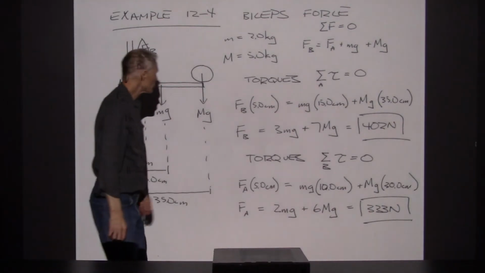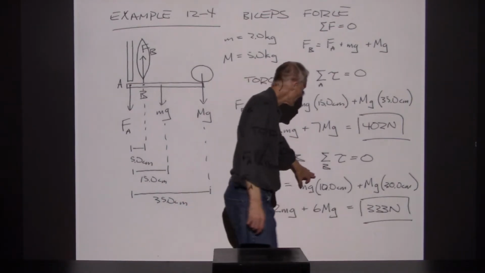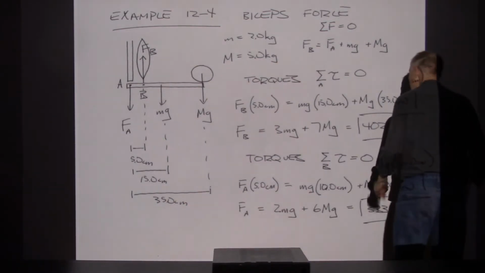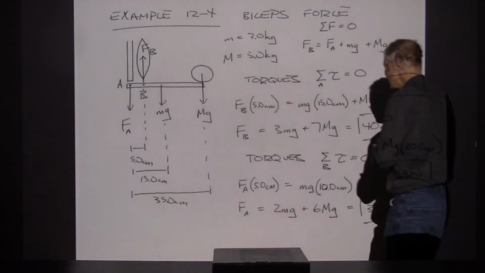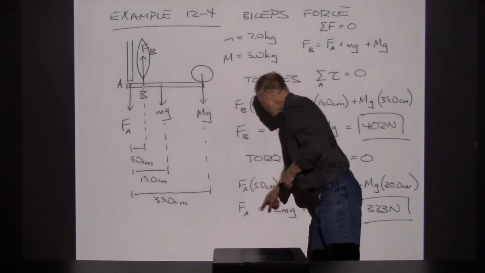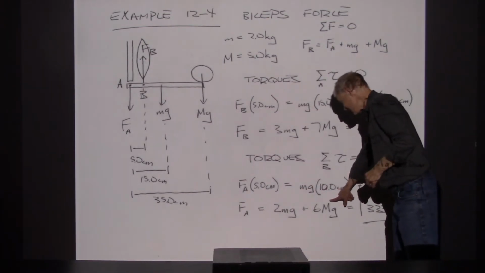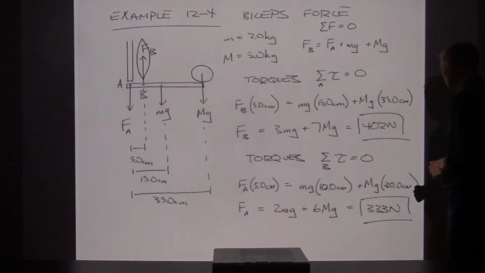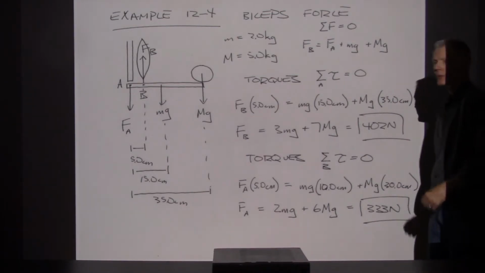Force times lever equals force times lever plus force times lever. Every term in that equation needs to have a force times some kind of lever distance. When I calculate that out, Fa needs to be 2 times mg plus 6 times big mg, so that needs to be 333 newtons.